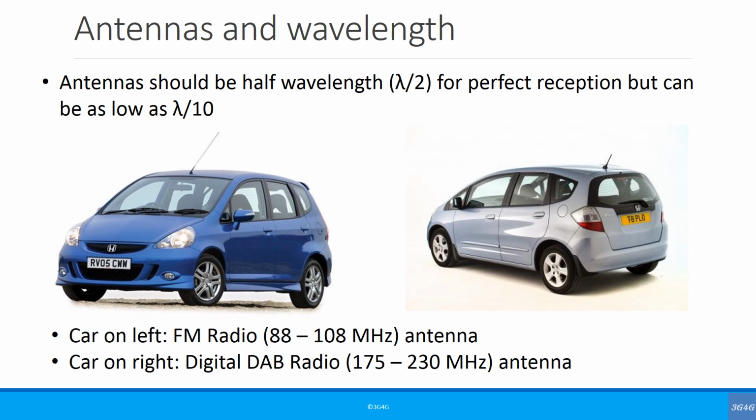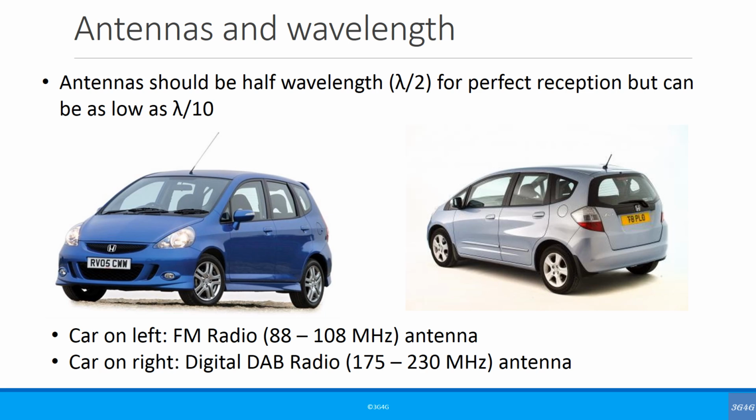And I mentioned earlier that antennas are related to wavelength. Generally it is said that an antenna should be half wavelength, or lambda by 2, for perfect reception, but it can be as low as lambda by 10. To give a comparison, these are both the same brand of car.